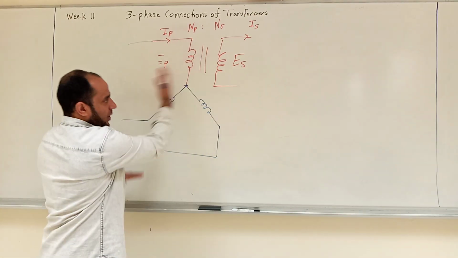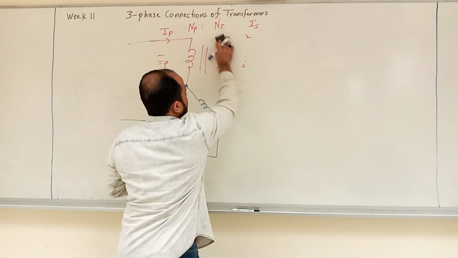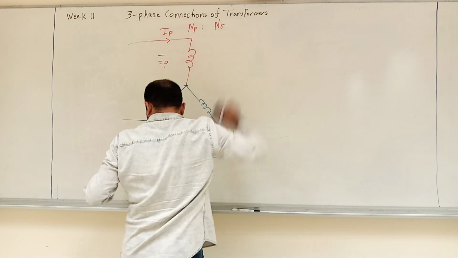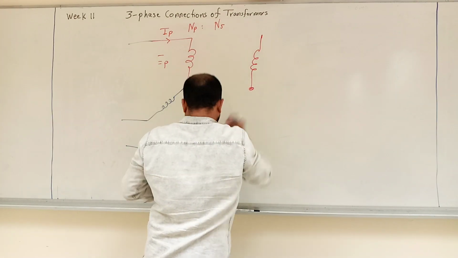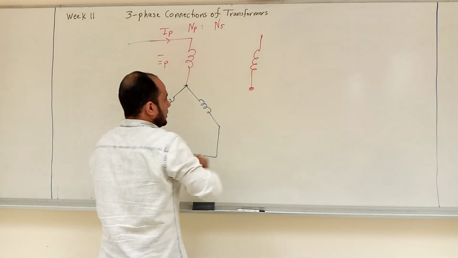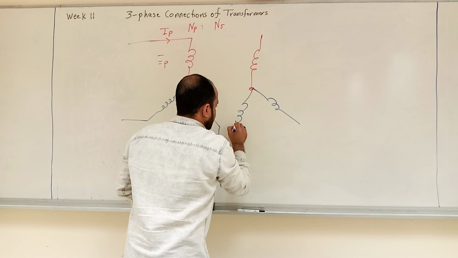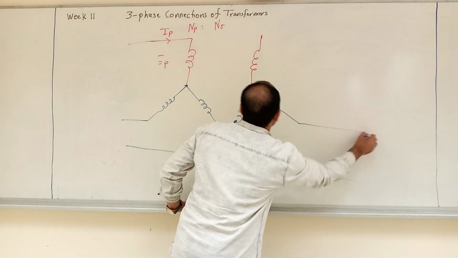We do this on the primary side. Let's do it also on the secondary side. So I need some space here. So this was the secondary, and we're going to bring another two as well. So this is here and this is here. Okay.